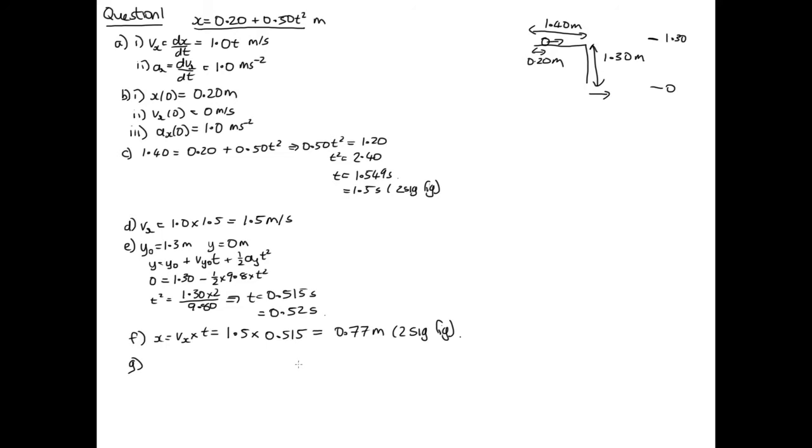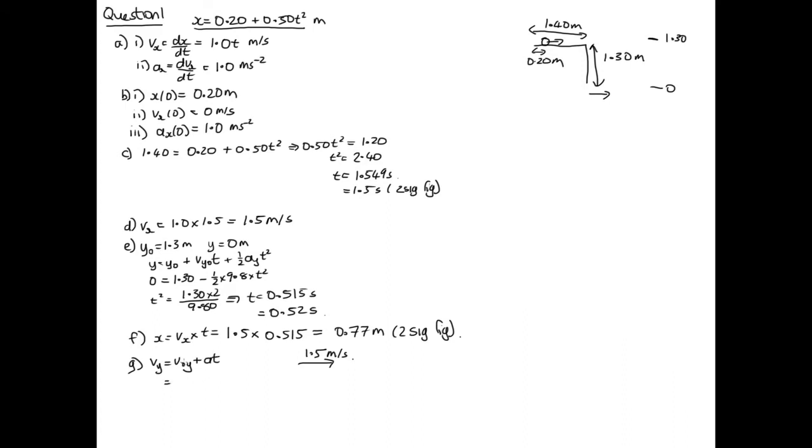Okay, so horizontally it keeps going with a constant 1.5 meters per second, and vertically we want to know, well, how fast is it going at 0.515 seconds. So to calculate that, we can say Vy is equal to V naught y plus at.